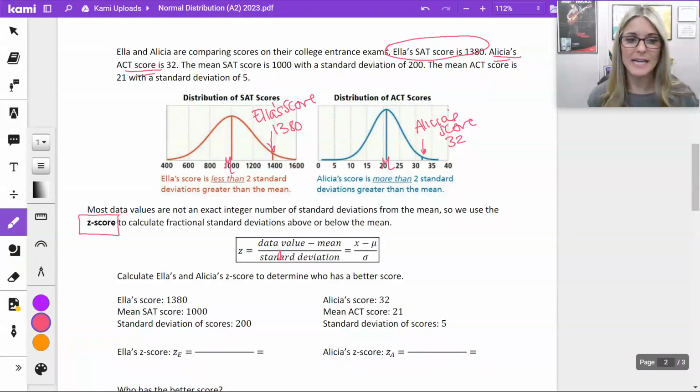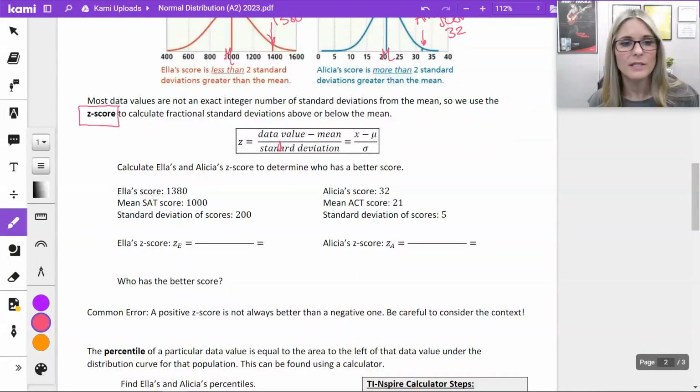So we are going to calculate Ella and Alicia's z-score to determine who truly has a better score. We're trying to compare apples and oranges right now. We kind of need to put them on the same playing field so we can truly compare who did better. And so that's what the z-score is going to help us do. So for Ella's z-score, I've got it represented z sub e, e for Ella.